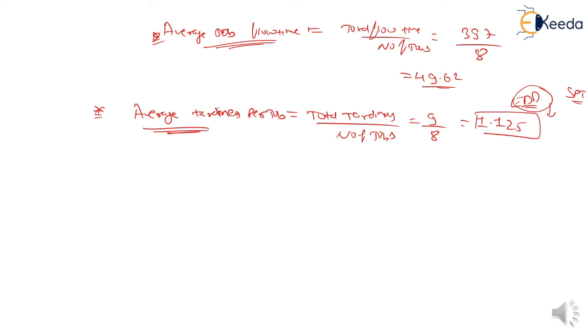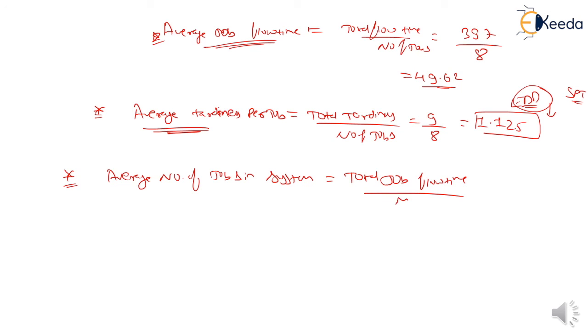The next terminology: calculate the average number of jobs in system. The average number of jobs in system is nothing but total job flow time with respect to makespan time. So the total job flow time is 397 and the makespan time is 98. So how much? It is 4.05. Clear to all?